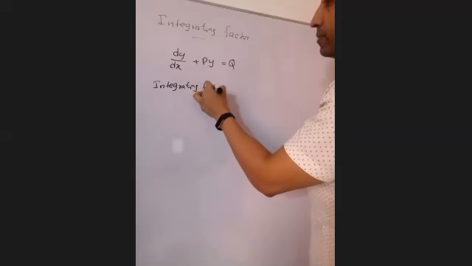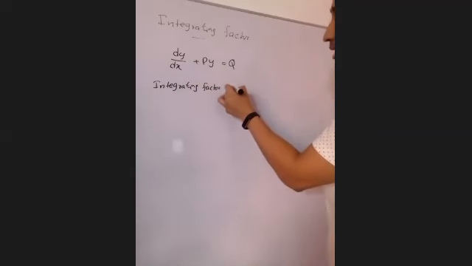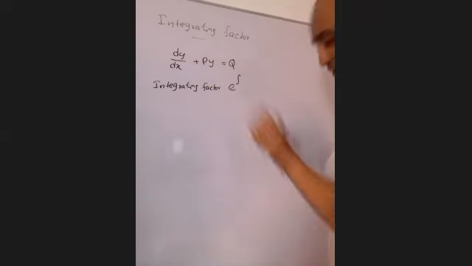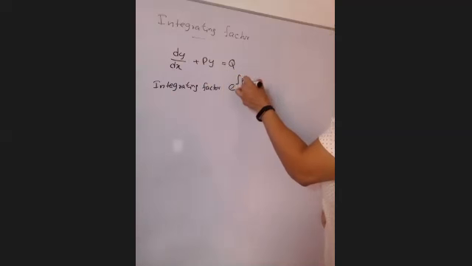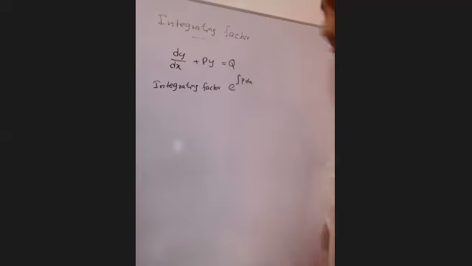Integrating factor, we consider e to the power integration of p dx, the function which is adjoined with the y term. That is what we mean by integrating factor. If you happen to find this kind of question, multiply all of these terms by the integrating factor. That's the theory of doing this question, right?